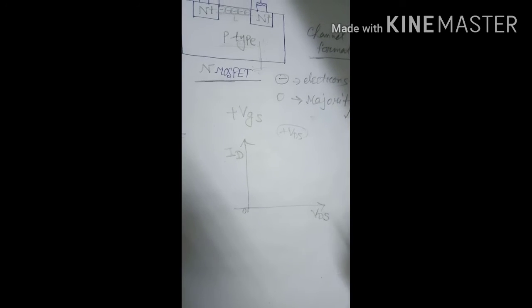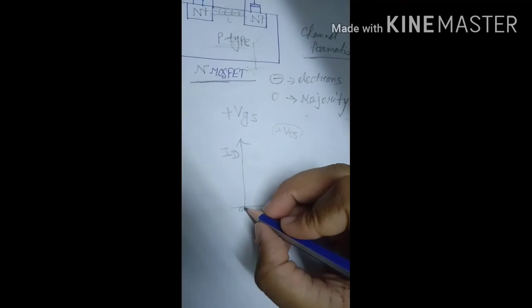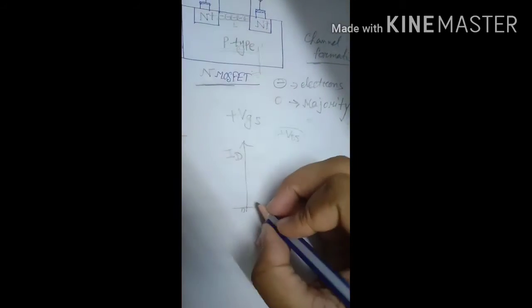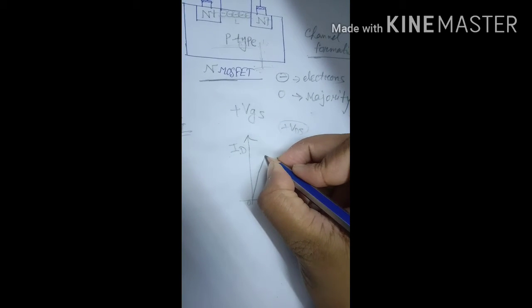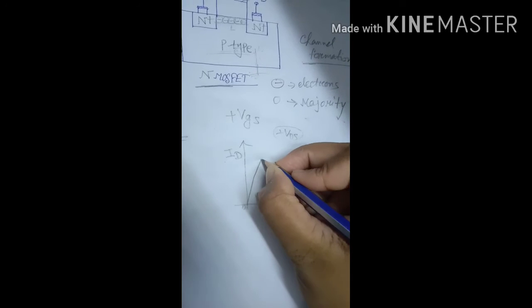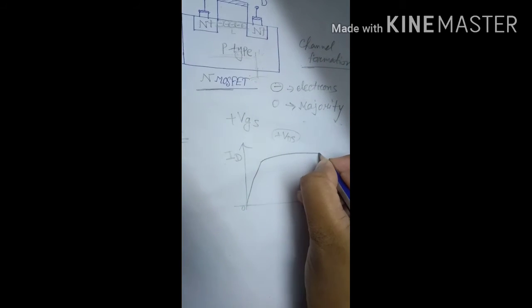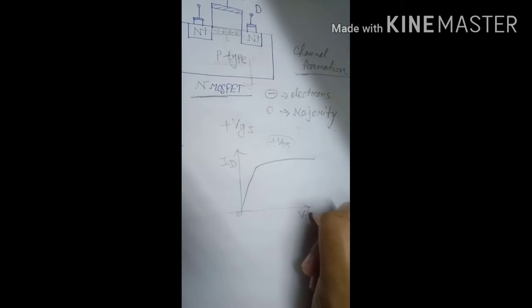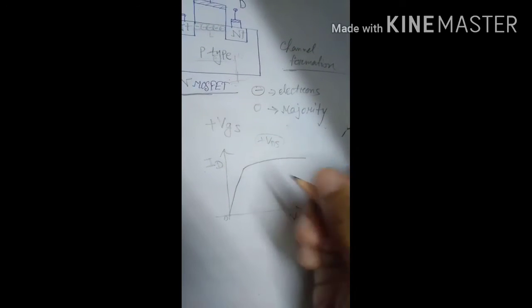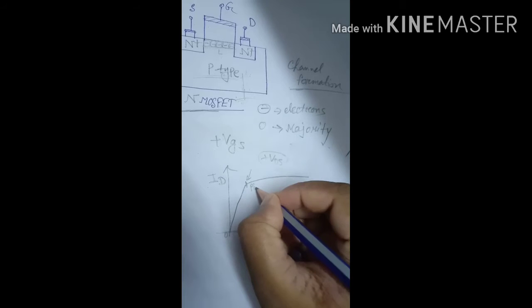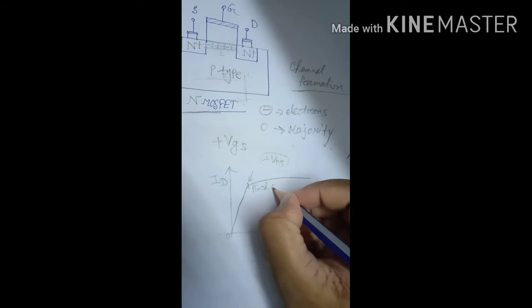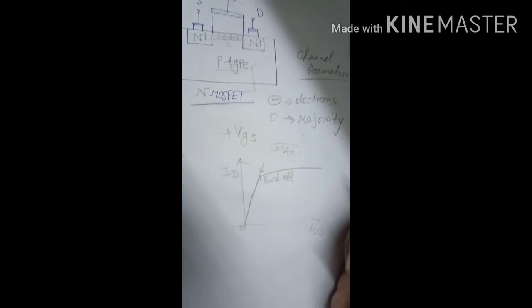Then what will happen? ID will increase with the increment of VDS. After a certain period of time, it will remain constant. It will not increase with the increment of VDS. This point is called pinch-off point. That means at that point the channel gets pinched off.